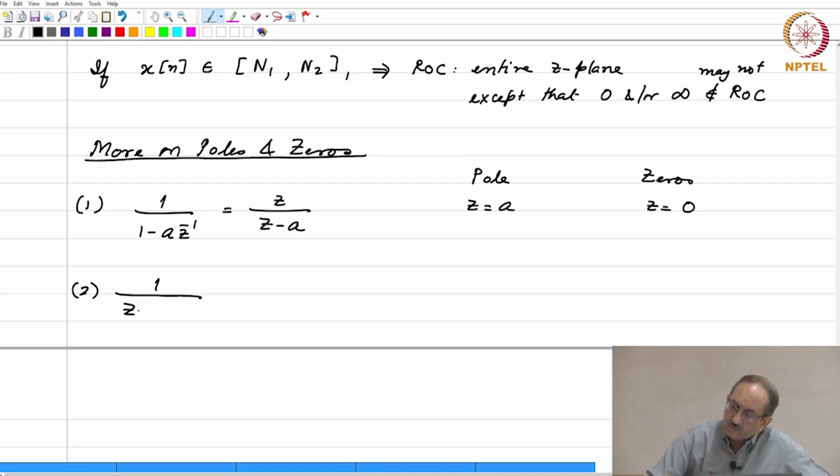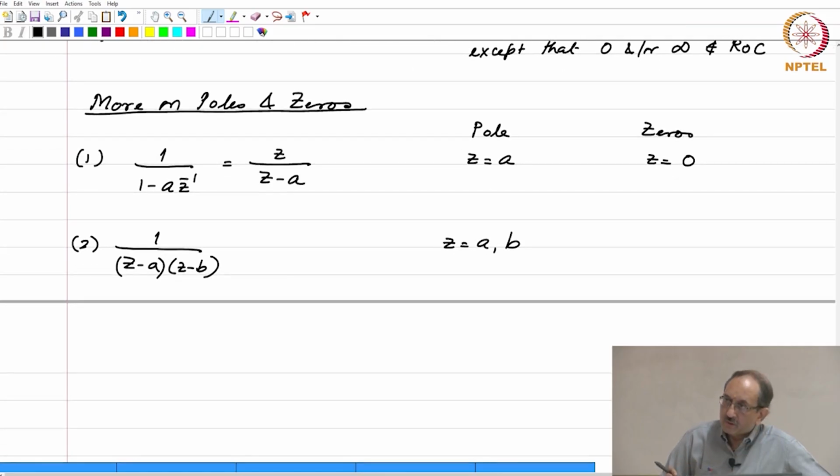Suppose you have 1 by z minus a, z minus b. So, the poles are z equal to a and b, all right.